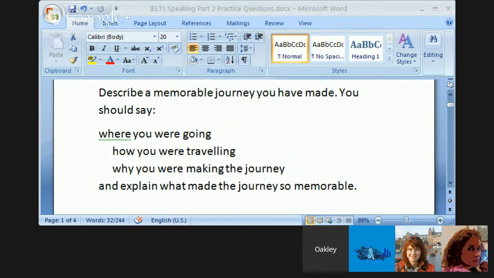This is great because you're using a modal, I would like. Great. You're using an infinitive, to tell. Great. Then, if you have the chance, you might want to consider throwing in a superlative adjective structure. The most fantastic. Great. These are all bonus points.